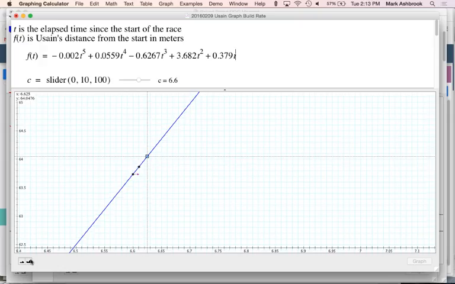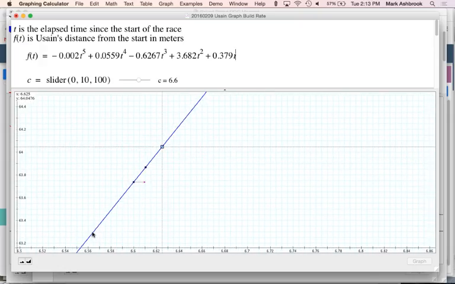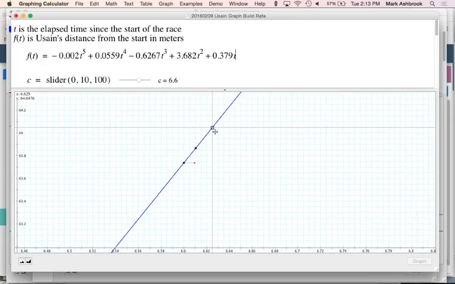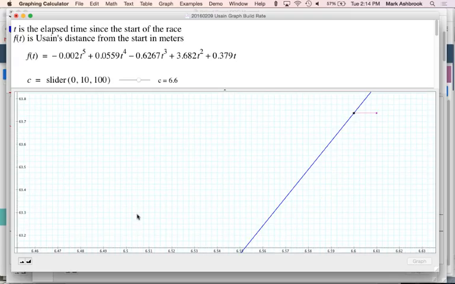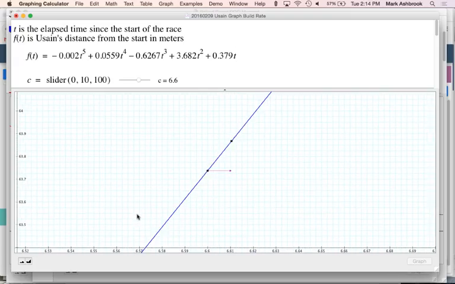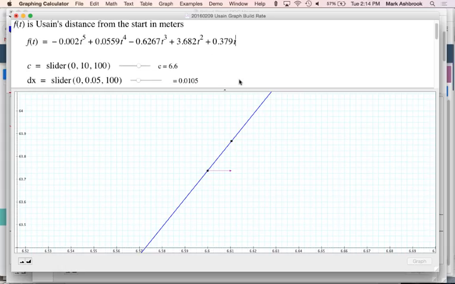Until what? Yeah, so we're looking for it to be essentially linear, and when you zoom in here, you see that. That was something you couldn't see before.